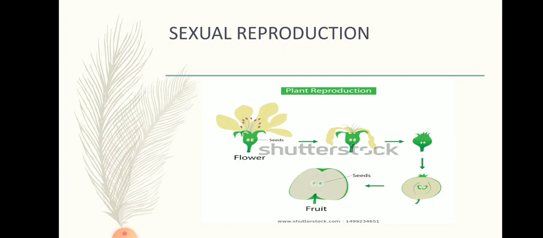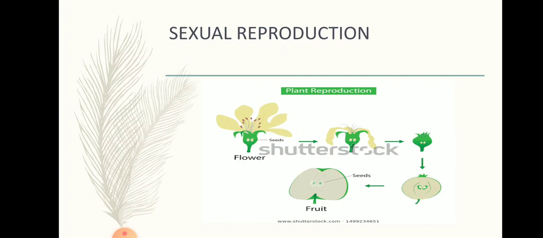Petals are colorful and attract insects for the pollination process. Stamen is the male reproductive part of a flower, divided into anther and filament. Carpel is the female reproductive part, divided into stigma, style and ovary. So these are the main 4 whorls of a flower.